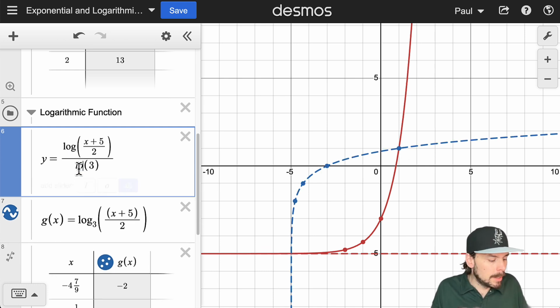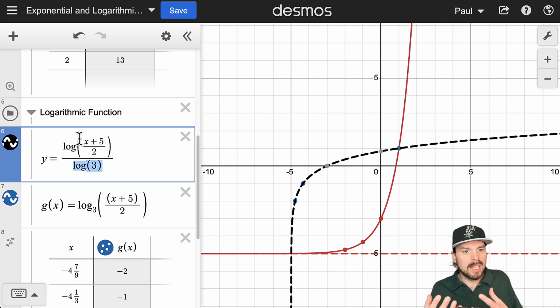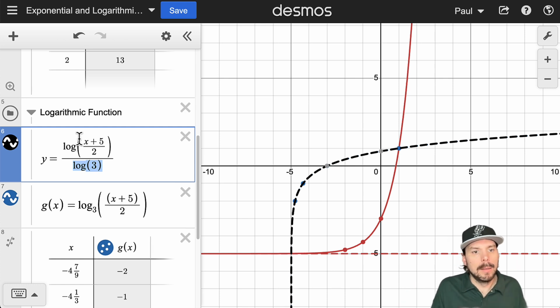Usually what we do is this default common log, as it's called. This is a log base 10. And if we want to have the base of our exponential, in this case a 3, separate, we can divide by it. Or if we want to integrate it into the log, then that just replaces that base 10, that kind of implied base 10 that's not written there.